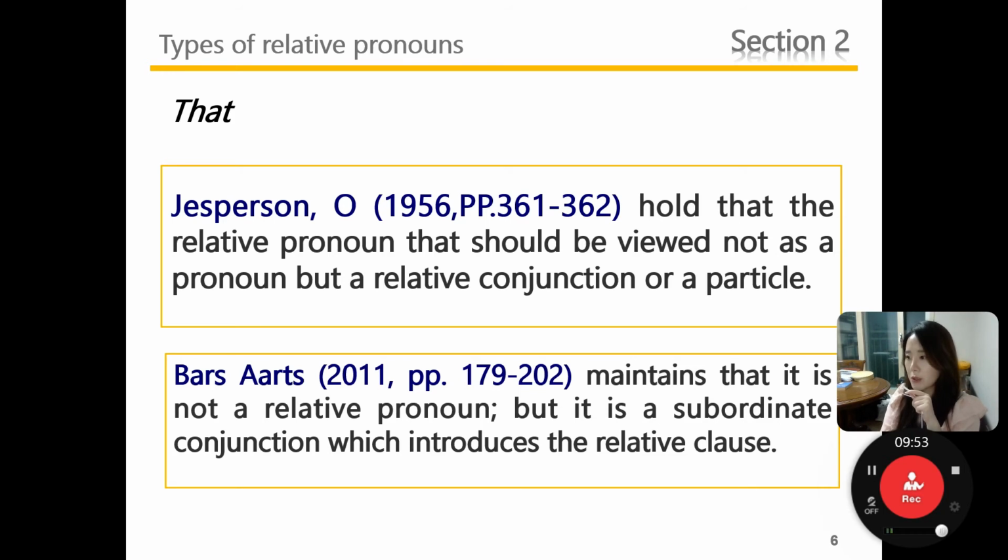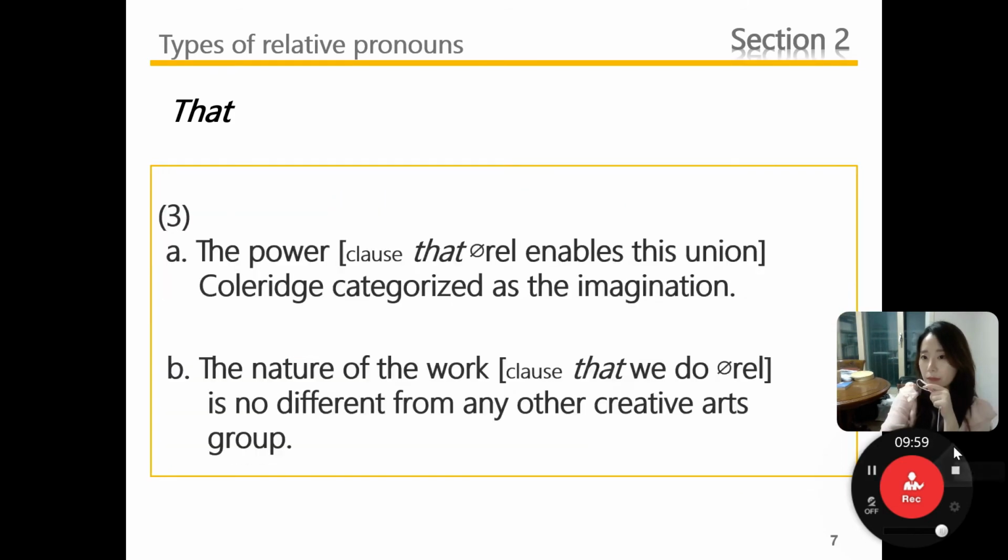I will show you some examples from Bertsch on the slide. In 3a and 3b, there is no overt relative constituent, but there is a covert relative phrase expressed as zero, meaning implicit relative elements. In 3a, the antecedent of that is not power.